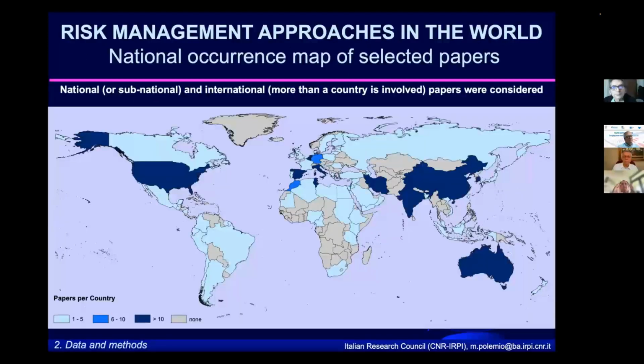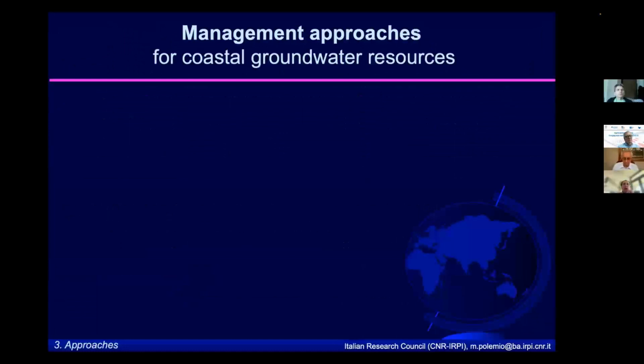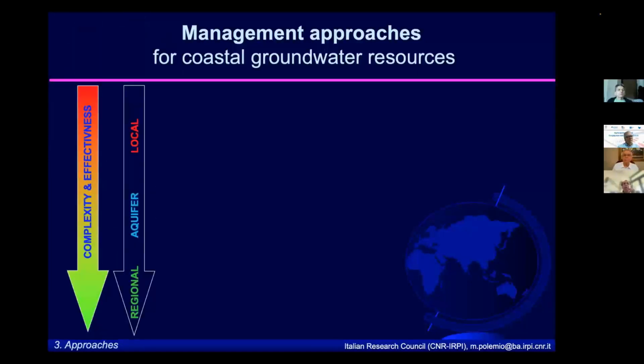This map summarizes the data set, in which we considered one document for each country, whether a subnational or international experience. Some of these documents are theoretical or not referred to specific countries, but in any case, we considered roughly 500 documents or articles. Studying these documents, we were able to distinguish different approaches and different solutions that can be described in this way.